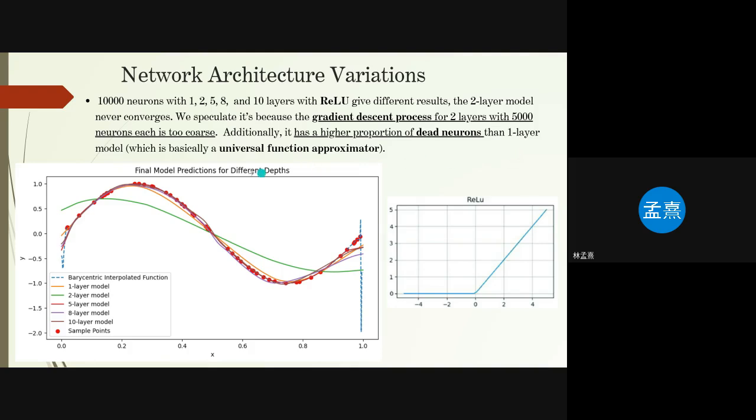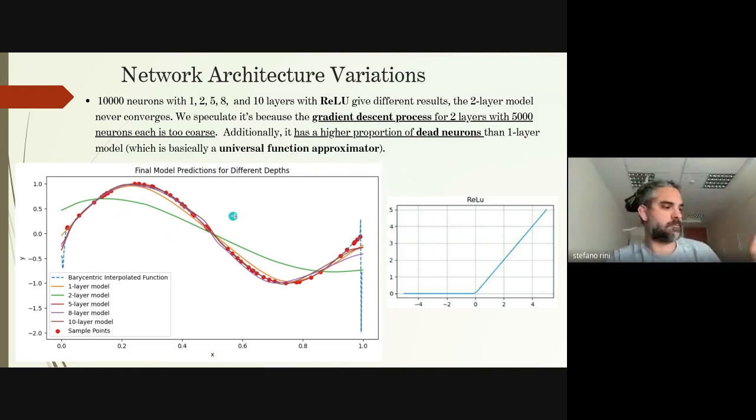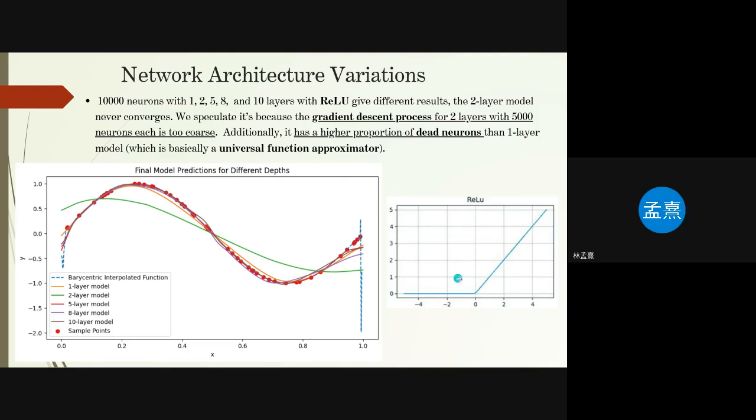And the one-layer model with a lot of neurons basically acts as a universal function approximator. Question: what is a dead neuron? Like when the output of the previous neuron is less than 0, then it didn't output anything.